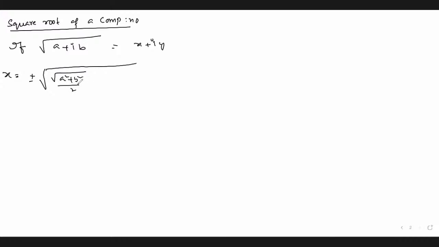Here the a is outside of the inner root. Y is equal to plus or minus root of (a square plus b square under root, minus a) by 2. Copy this one.